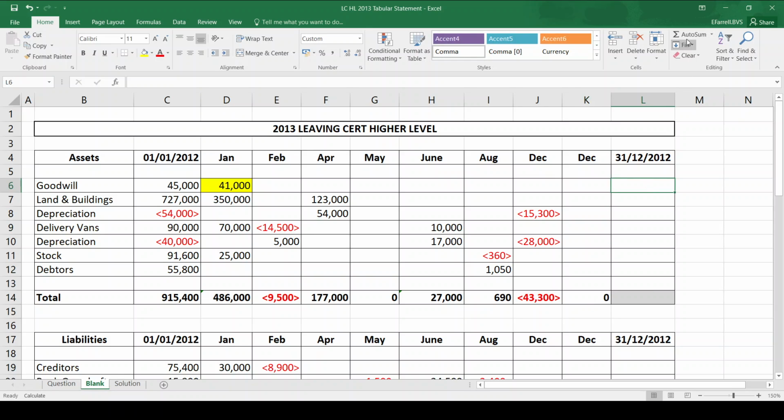So I'm going to start with my assets. Let's total them all quickly. Goodwill is 86,000. Land and buildings is 1.2 million. Depreciation minus 15,300. Delivery vans 155,500.